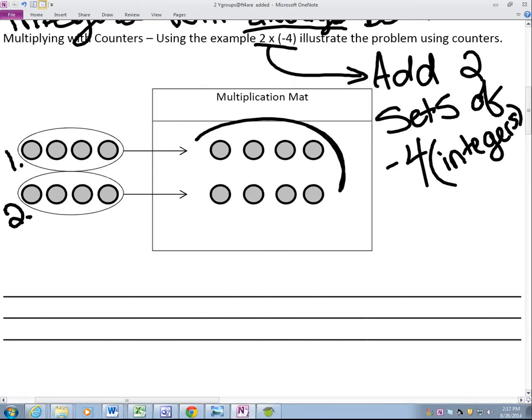I'm not going to circle that. That's not what we used in the past. Because we have 8 negatives here. We have 1, 2, 3, 4, 5, 6, 7, 8 negatives.